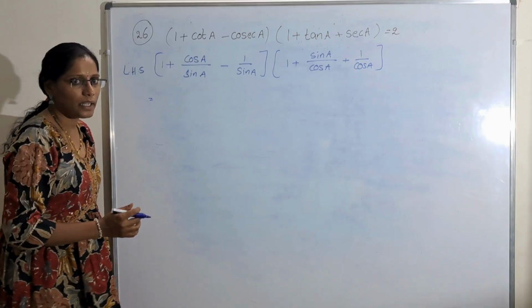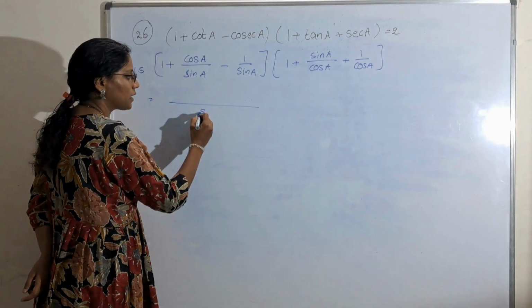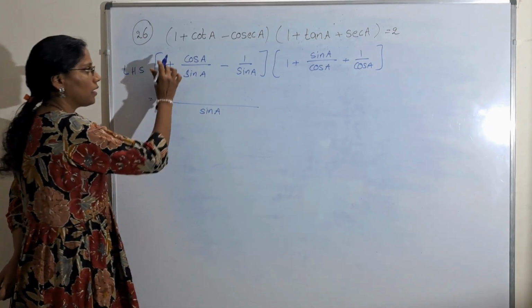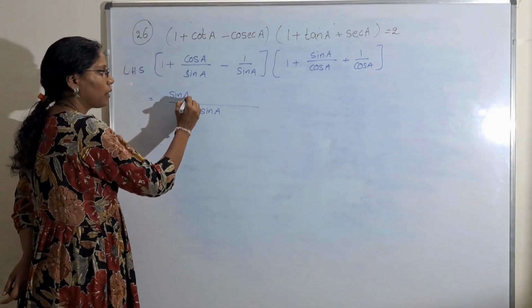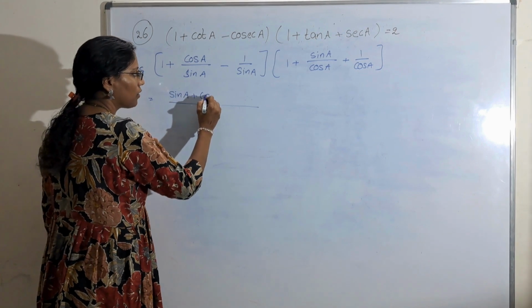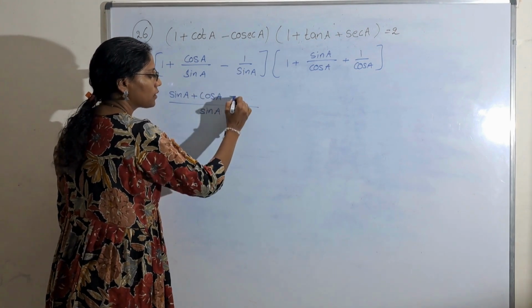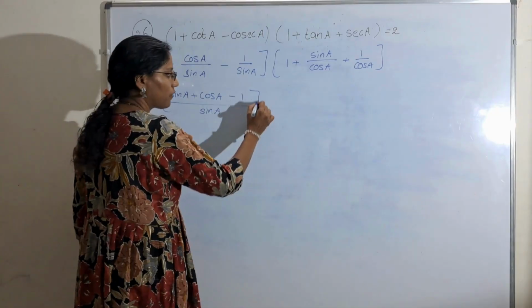In the first bracket we have to take the LCM: (sin A + cos A − 1)/sin A. This is the first bracket value.